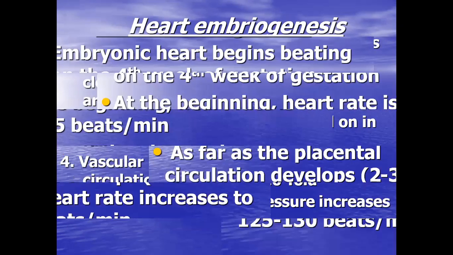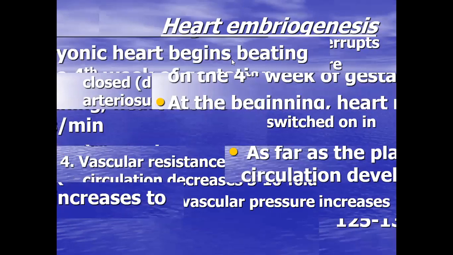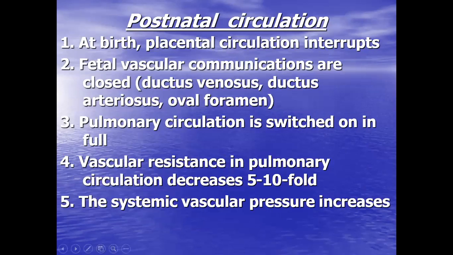And when the baby is born, the placental circulation is interrupted, fetal vascular communications are closed, and pulmonary circulation is switched on in full. Vascular resistance in pulmonary circulation decreases 5-10 fold, and the systemic vascular pressure increases.